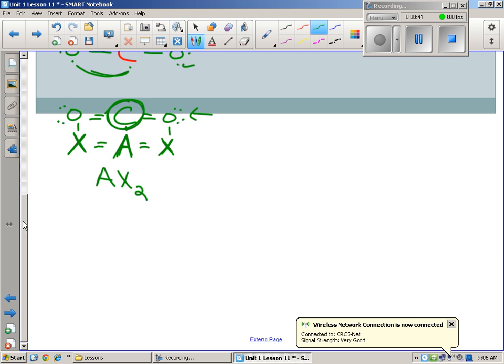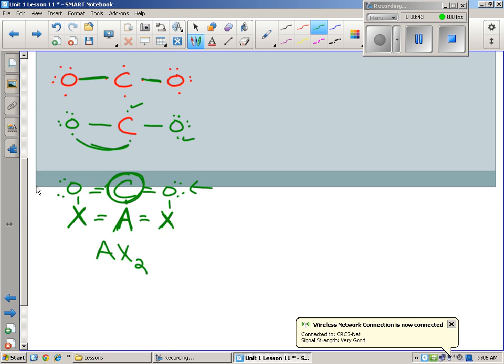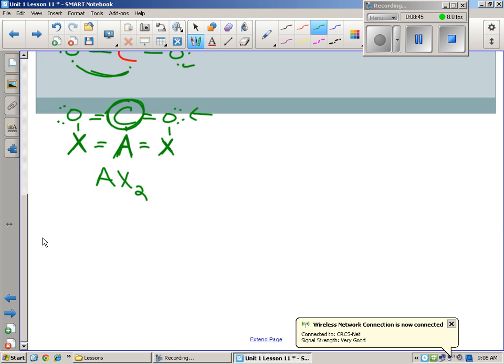Let's take a look at the other one here. HCN. So H looks like this, C looks like that, and N looks like that. If we're going to hook these together, I would take the one that forms the most unpaired electrons, or the best one that you have.